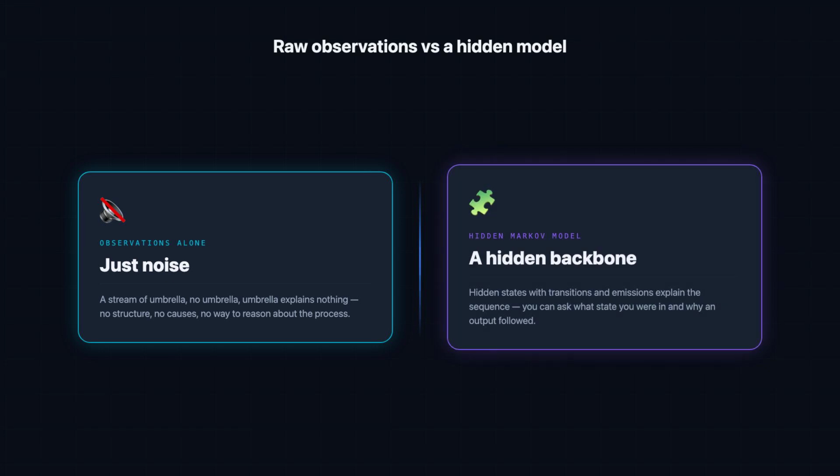An HMM supplies exactly that mechanism. Hidden states with transitions and emissions turn a meaningless stream into an explainable sequence. Suddenly you can ask what state you were probably in at each moment, and why one observation followed another, because the model gives the noise a hidden backbone and a set of probabilities you can actually compute with.